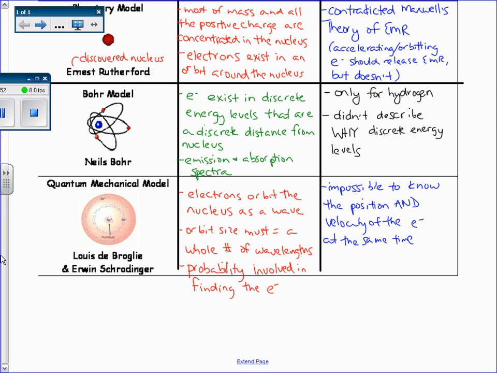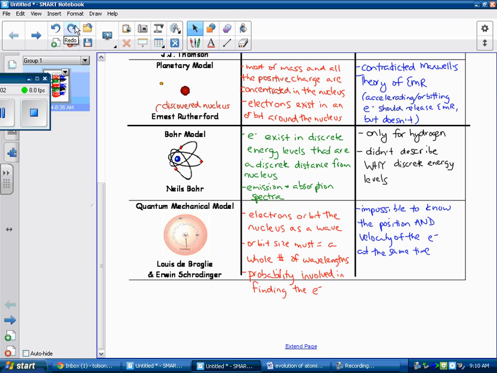So then back to the atomic physics review booklet once you're finished with that. I'm just going to orient my board because it's not doing so well.